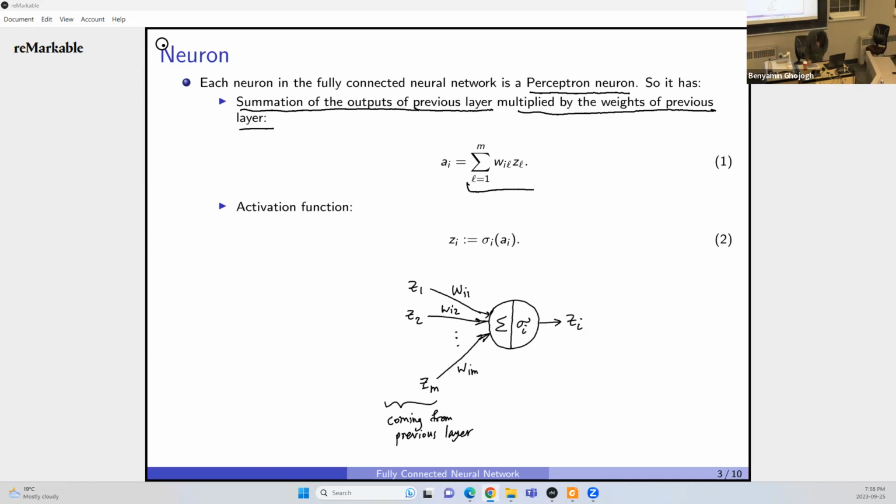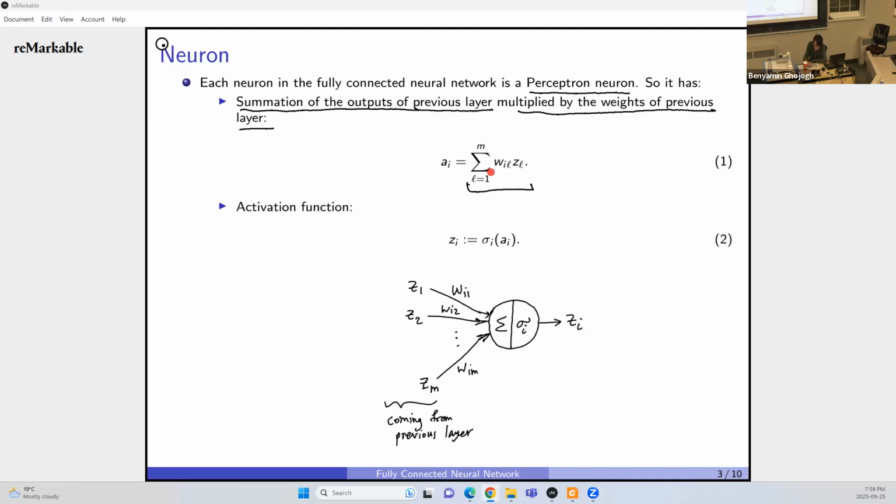So we have W_il times Z_l. Assume Z_l is the output of the neurons from the previous layer. Then I multiply them by the weights W_il, where W_il is the weight connecting the lth neuron in the previous layer to the ith neuron in the next layer, right?